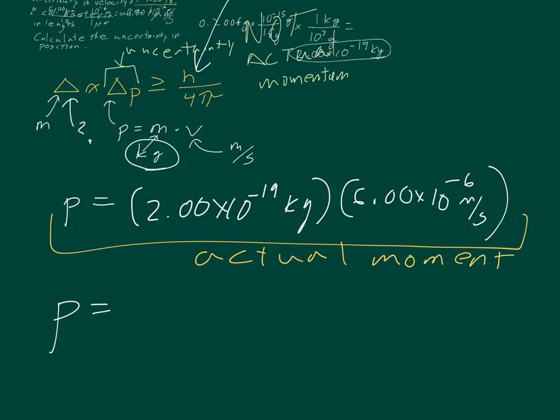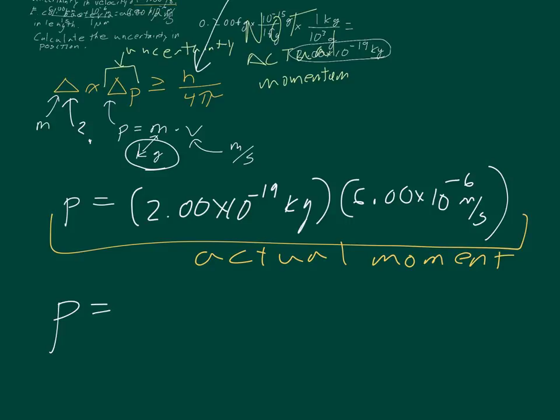Because I'm multiplying, so it should go out, sorry, just a second, because 6 times 2 is 12, 19 plus negative 6 is 25. So why doesn't it go out to... oh, I know why. No, I was right.